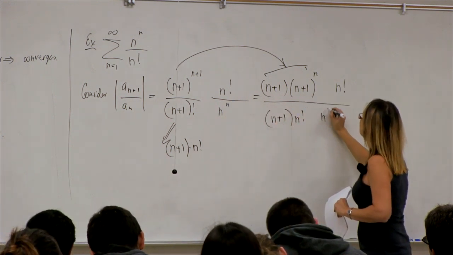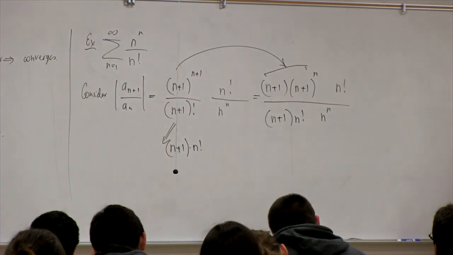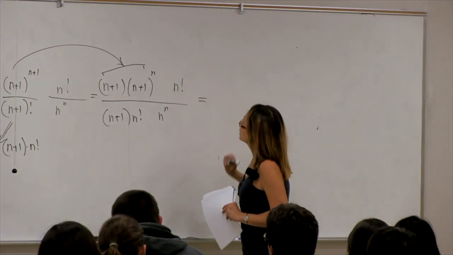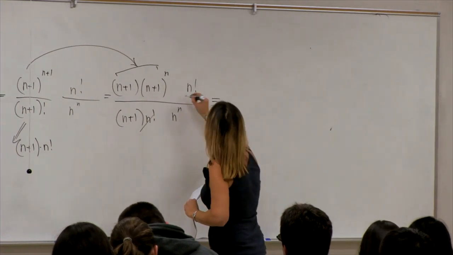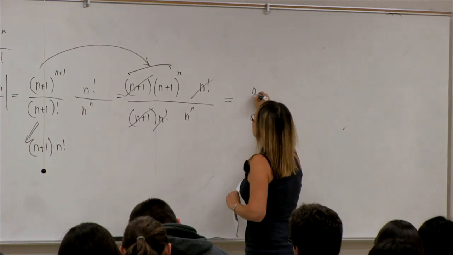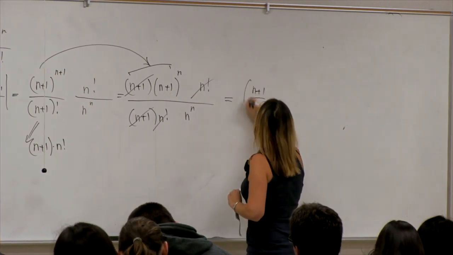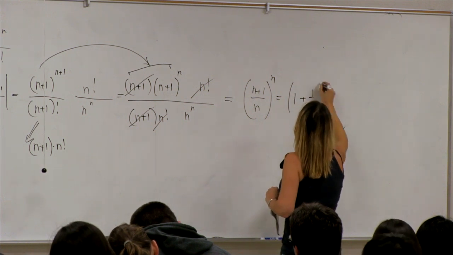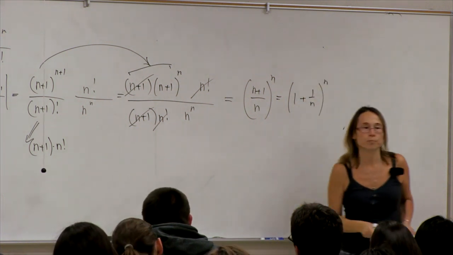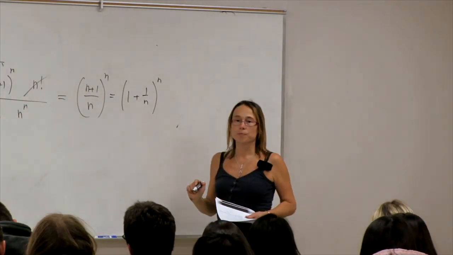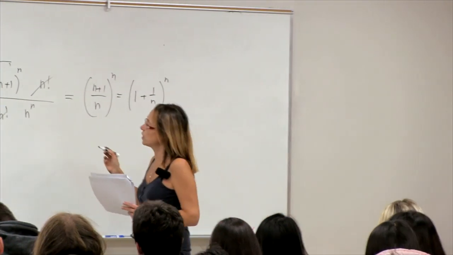And finally, n to the n remains. Fine. So what can you cancel? I have n factorial, which is the same, and I have n plus 1. So what we have left is n plus 1 over n to the n, or 1 plus 1 over n to the n. Okay. So this is the sequence whose limit we have to evaluate.